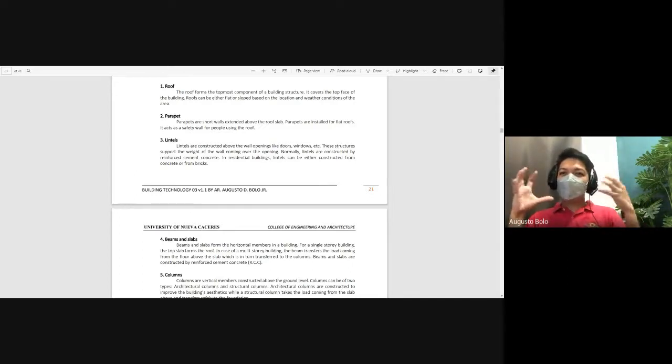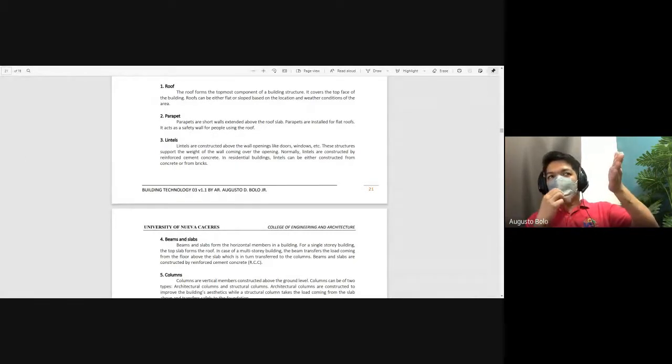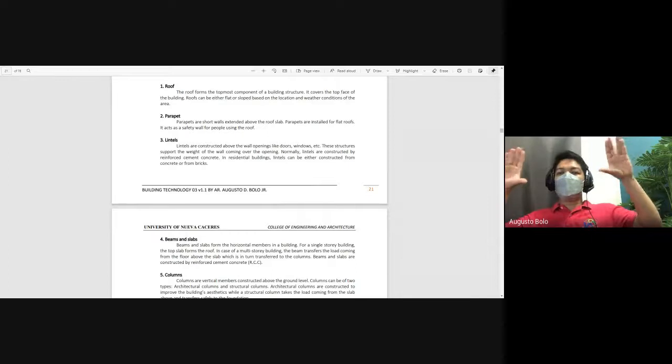We have the usual connotation that if we use GI, it's mura. It's way cheaper than a reinforced concrete slab. Pero gusto mong gawing modern yung itsura. So you tend to cover the GI roofing with the parapet wall, making it more like boxy type, di ba, on the appearance.